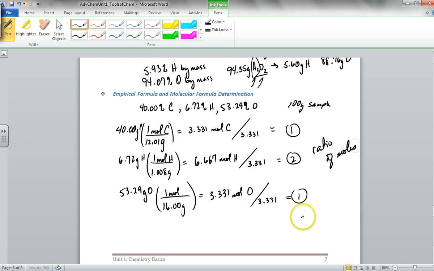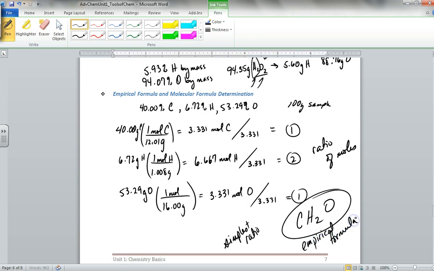And the ratio of moles is in fact a formula. Now this process, when we divide by the smallest, gives us the simplest ratio. And if we are finding the simplest ratio, that means this is the empirical formula.